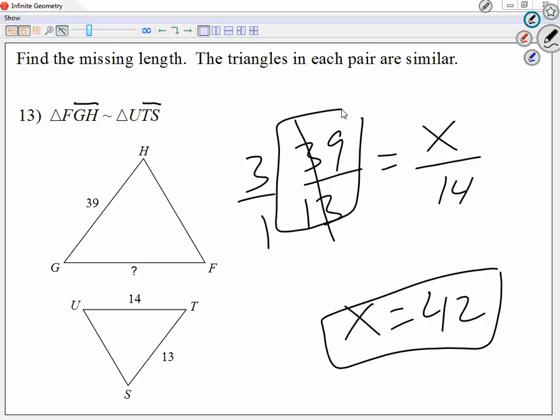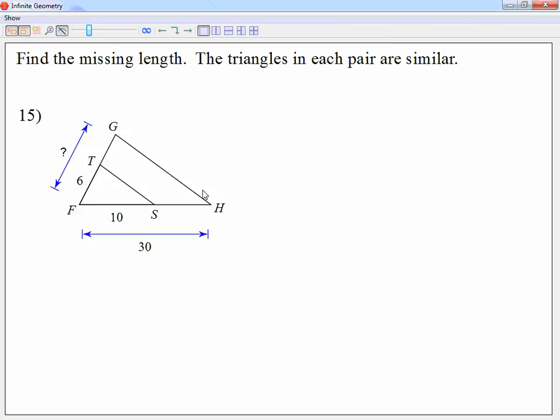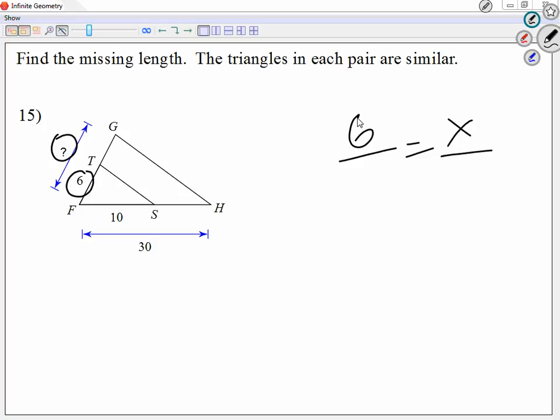Alright, let's take a look at number 15. I don't have notation here, but I can tell that from one side, my numbers are 6 and x. And I can tell that 6 is smaller than x. If I go straight, I notice that 6 goes with 10, and x, which is the whole side, goes with 30.